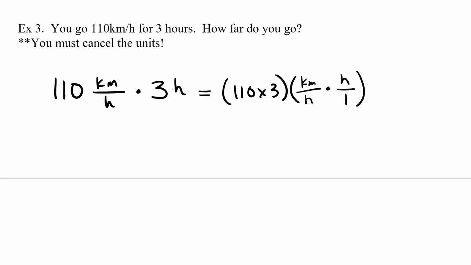Since we have an h in the numerator and an h in the denominator, we can just let those cancel. That becomes a 1 and a 1. So kilometers times 1 is just kilometers, and 1 times 1 is just 1. So the number part is really easy, 330, but kilometers is what comes out. Now you would probably just think in your head that it was kilometers, and you'd be right. But I just want to show you that your brain is actually doing something pretty sophisticated here without you even knowing it.